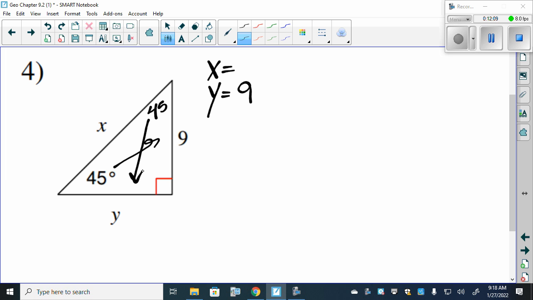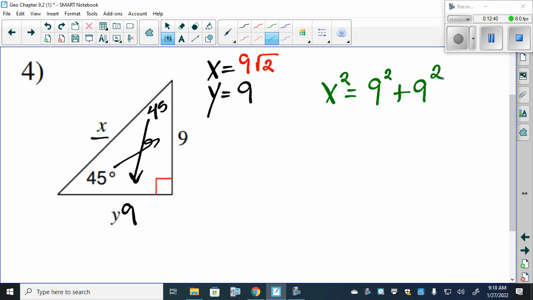Now, we need to find the value of x. Exactly, because for these, the hypotenuse is always going to be the legs, the two sides that are congruent, that length times the square root of 2. And again, if we wanted to see this, we can use the Pythagorean theorem. C squared is equal to a squared plus b squared.